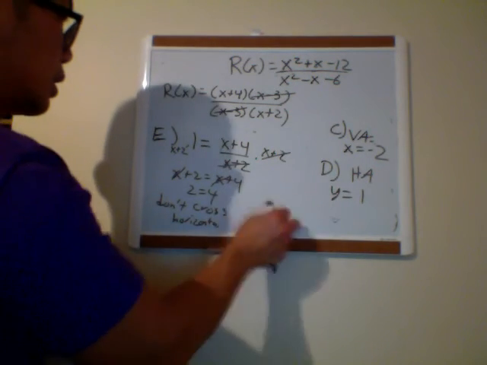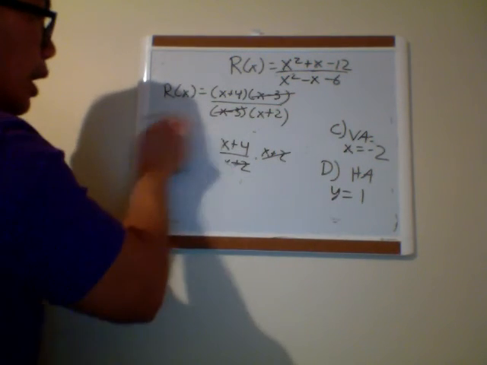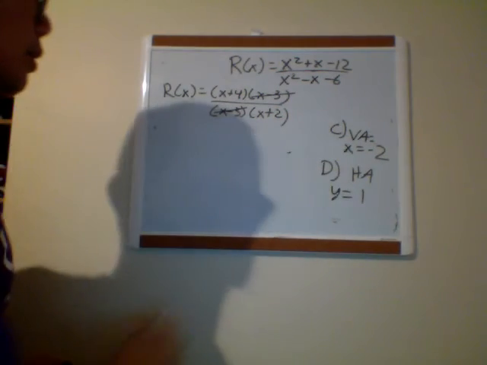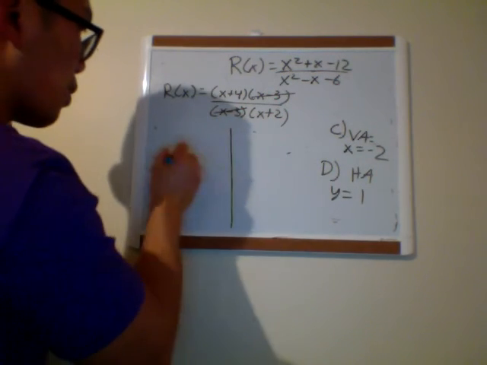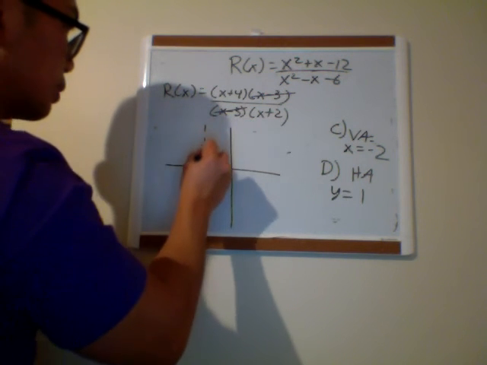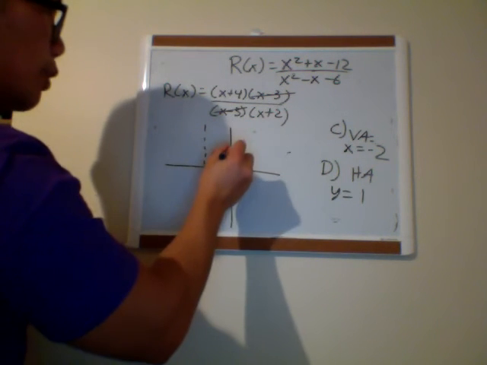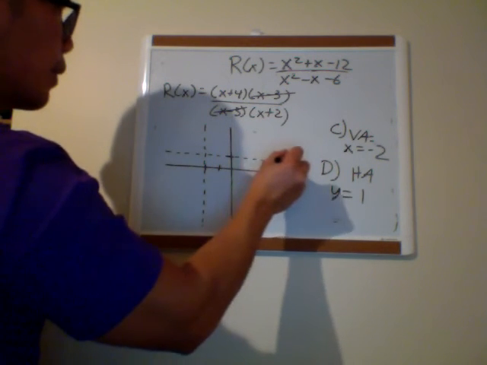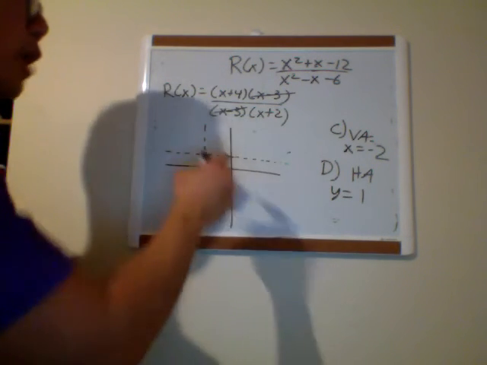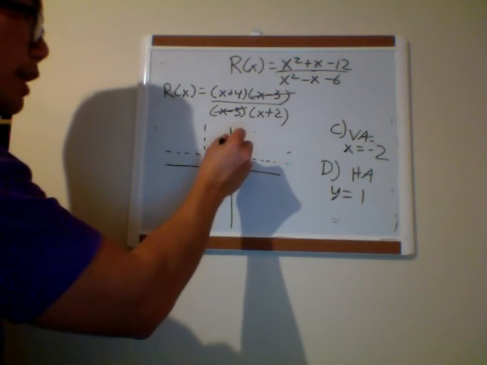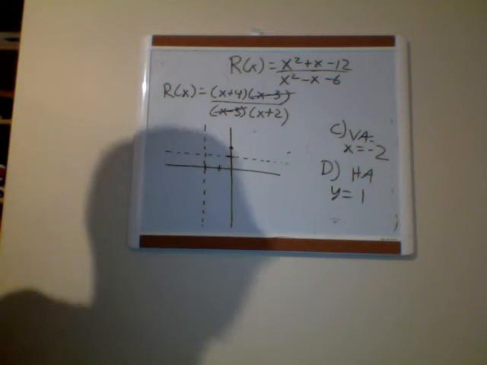So I know I have a vertical asymptote at -2. I have a horizontal asymptote at 1. I know I cross my y-axis at 2. That's my y-intercept, right?